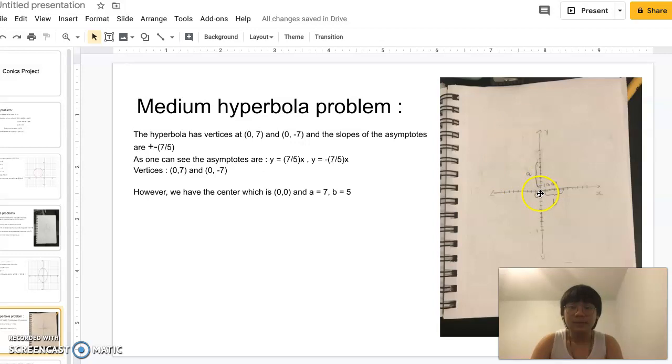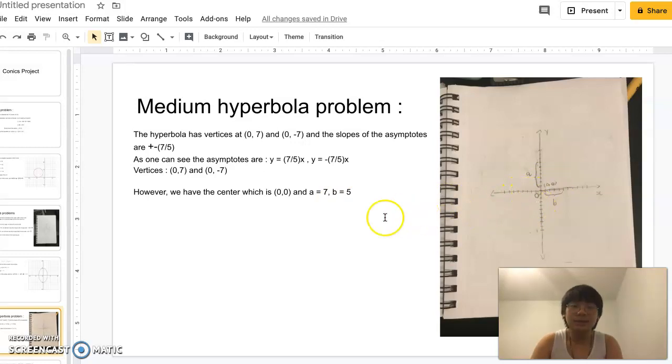With negative 7 on the opposite side, the center is (0, 0). And we also have b is 5, and we have negative 5 on the opposite side.